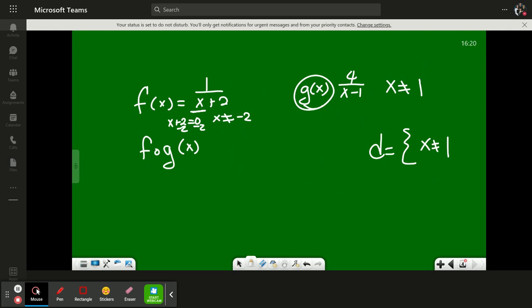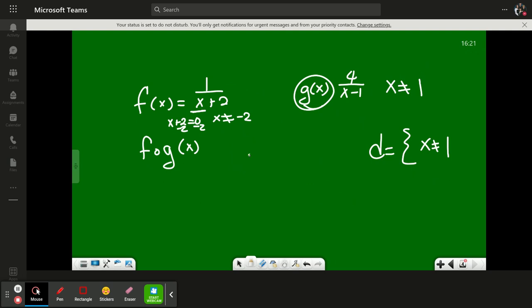Negative 2, right? If this x is equal to a negative 2, I end up with a 0 in the denominator, and that's undefined. I don't have that, do I? So if this x cannot equal negative 2, and this function's going in where that x is, what does that say about this entire function? It cannot equal negative 2.